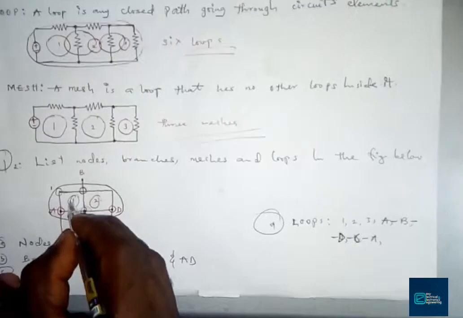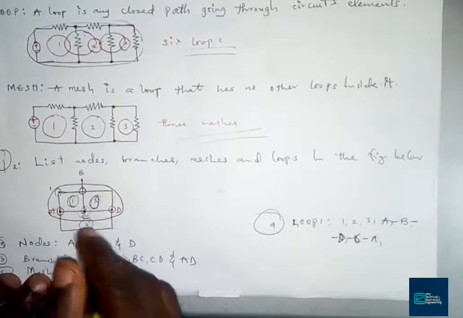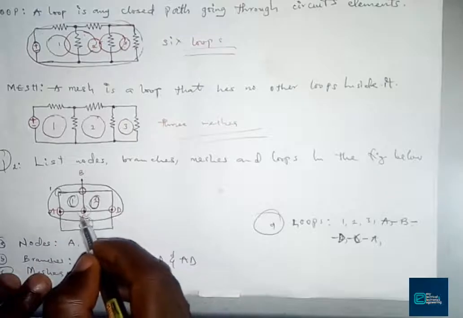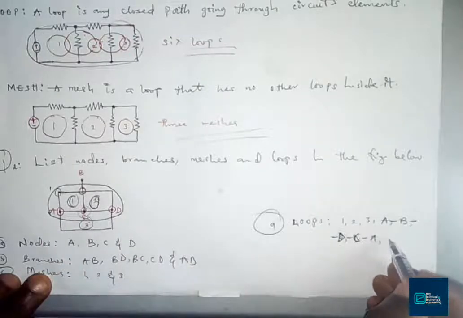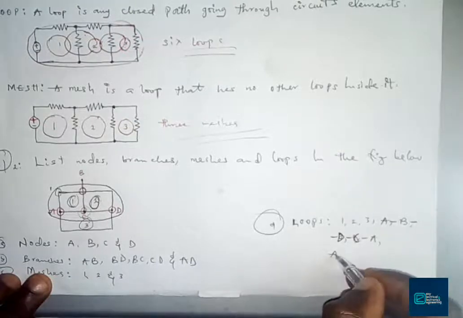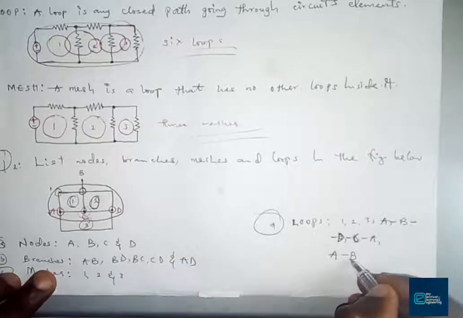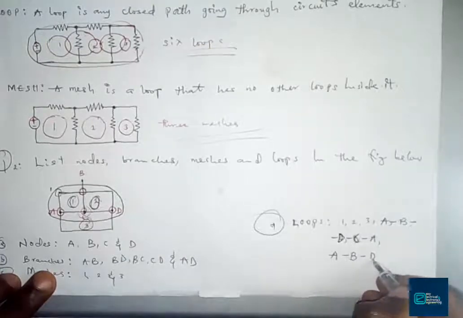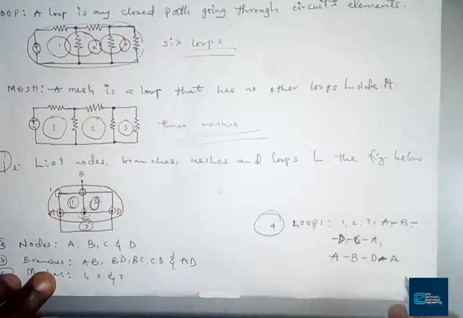Remember we have these one, two, three, like A, B, D, and C, A is a loop. And last but not the least, we can also have A, B, and D, A, which is the largest, the one that covers everything.